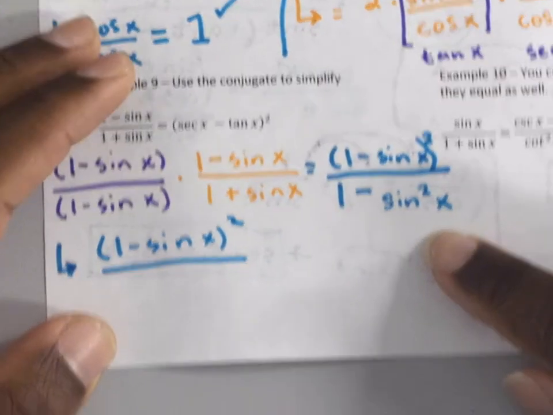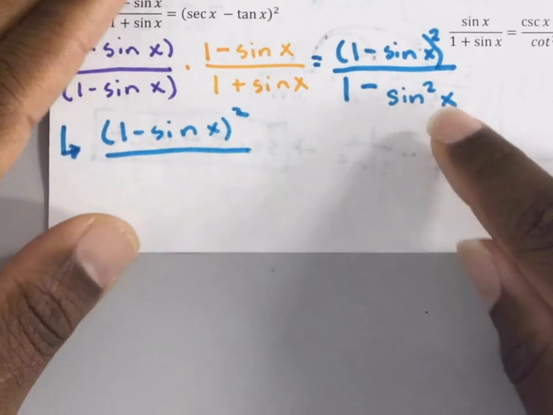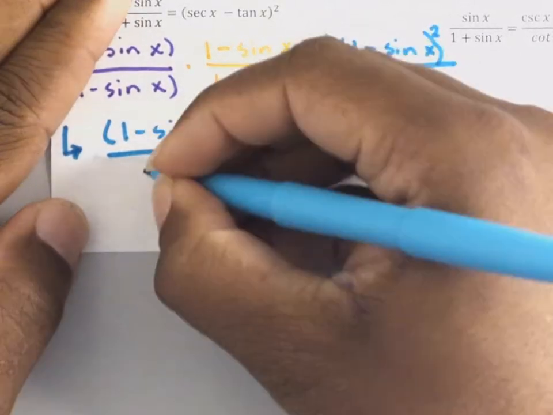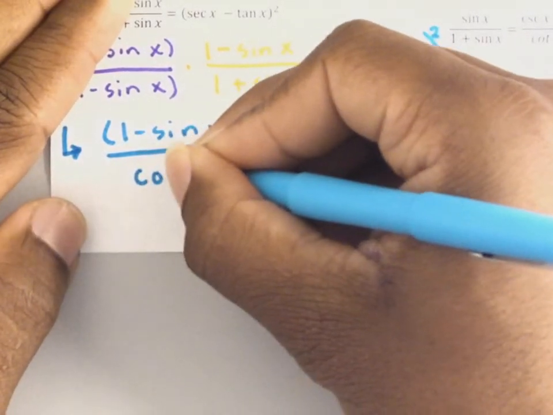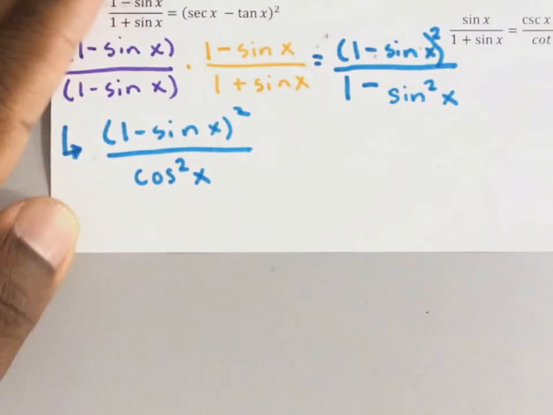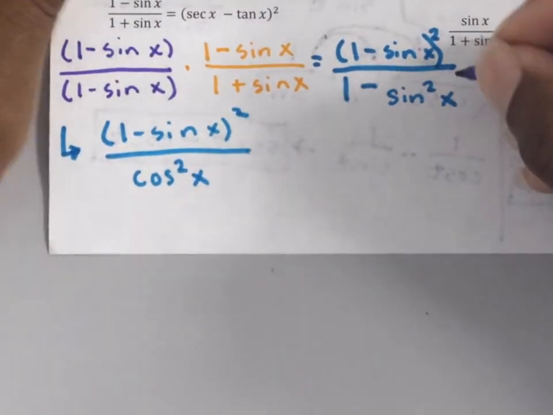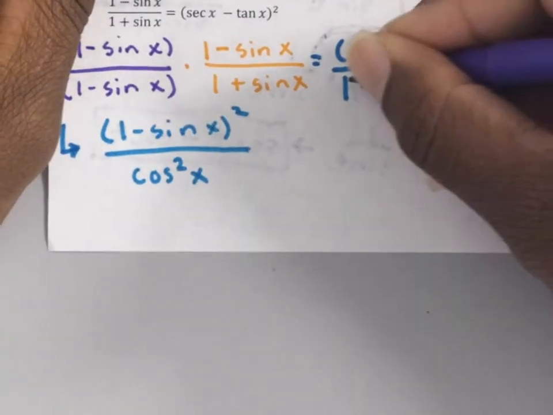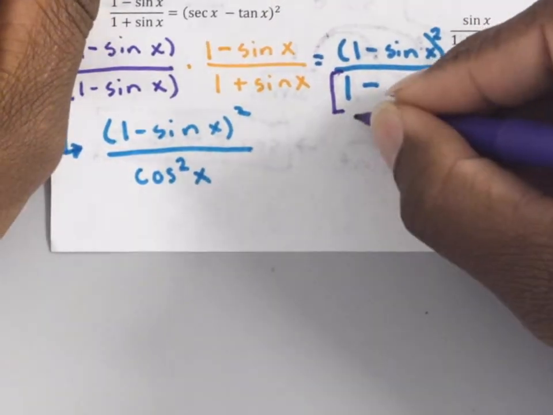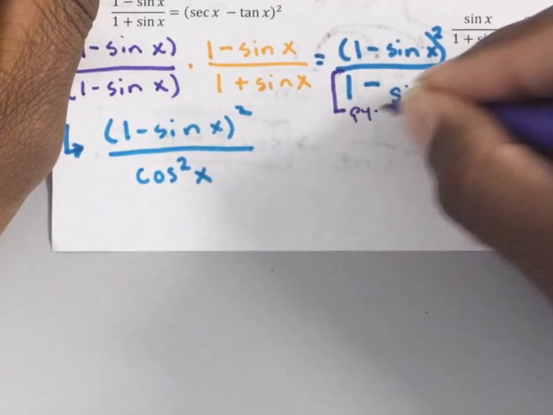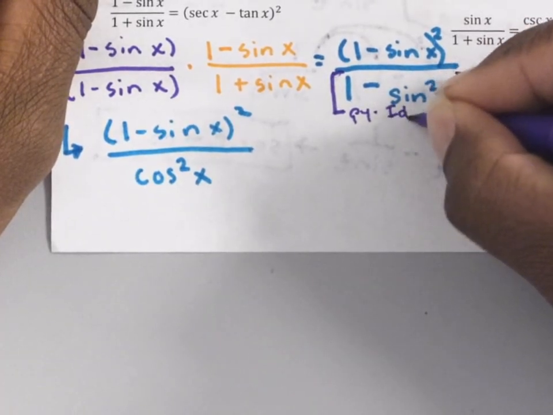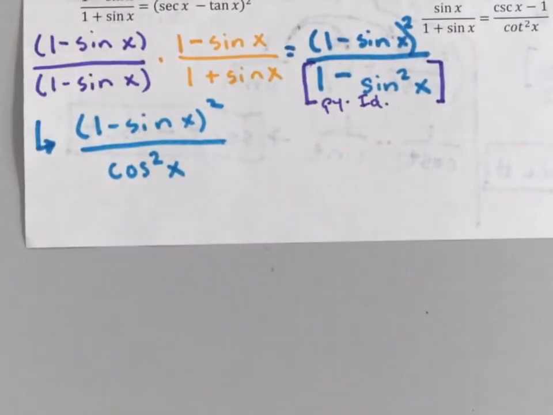And then using the Pythagorean identity, I'm going to substitute cosine squared with what was on the bottom. Everybody okay with where the cosine squared came from? Pythagorean identity. We sure we're okay with that?